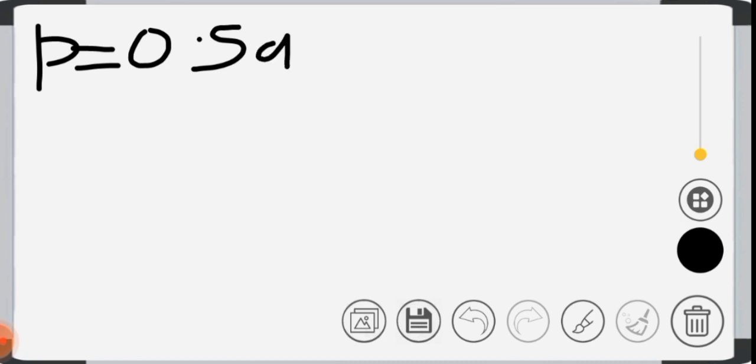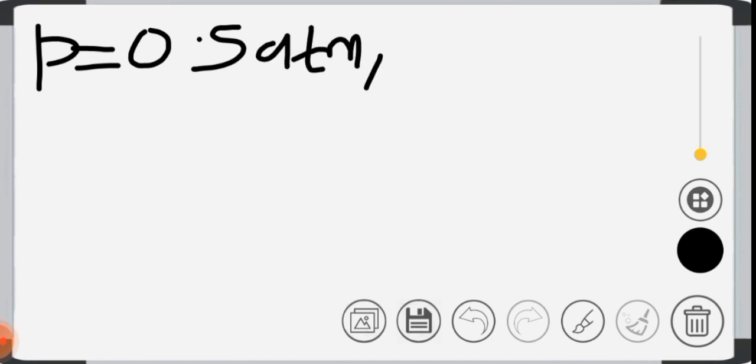To get things clearly, as a beginner, you have to state the ingredients or the terms given. So as for the quantities given in the question, we have the pressure. Pressure was 0.5 atm.